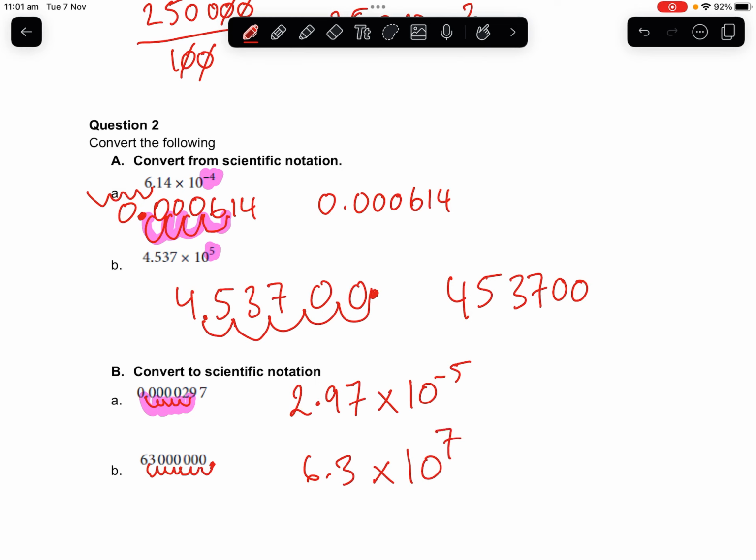Make sure you guys write it correctly, -5 and +7. Negative number whenever you're moving the decimal point towards the right when converting to scientific notation, and a positive number if you're moving the decimal point to the left when converting to scientific notation.